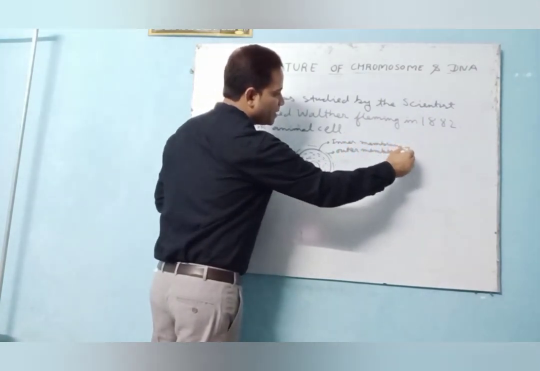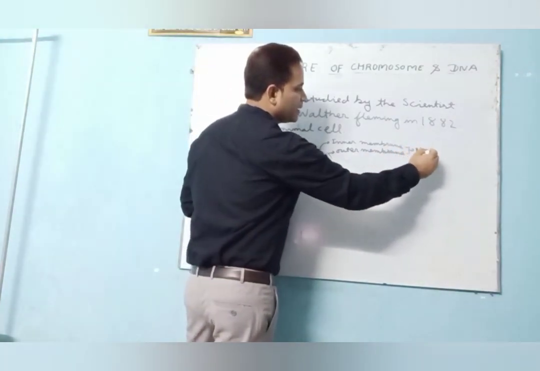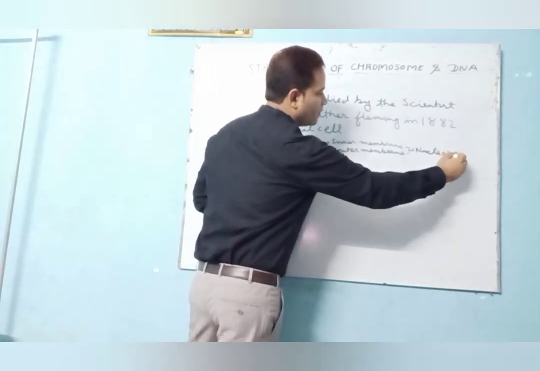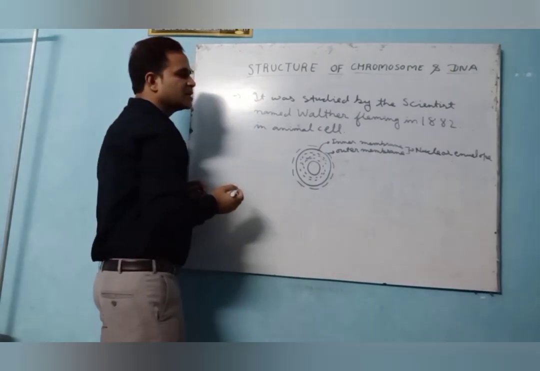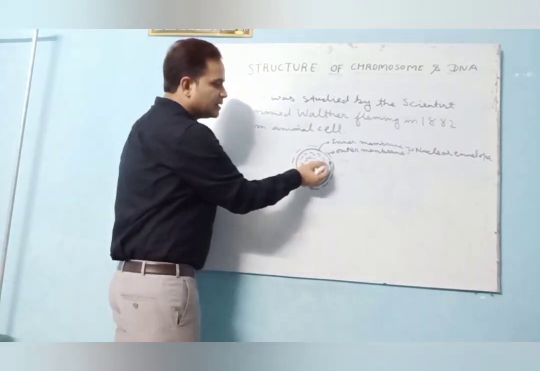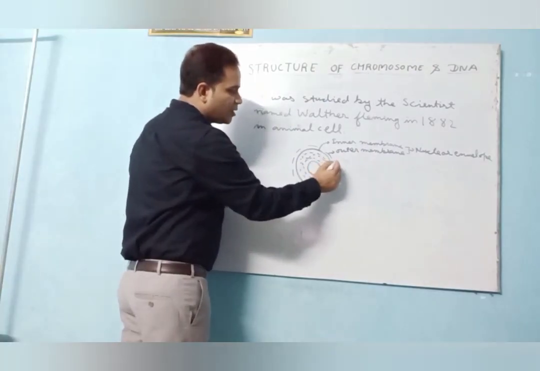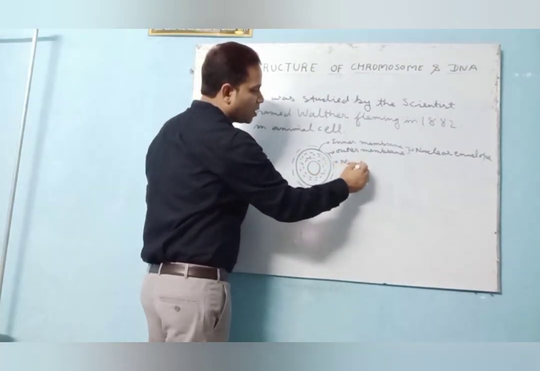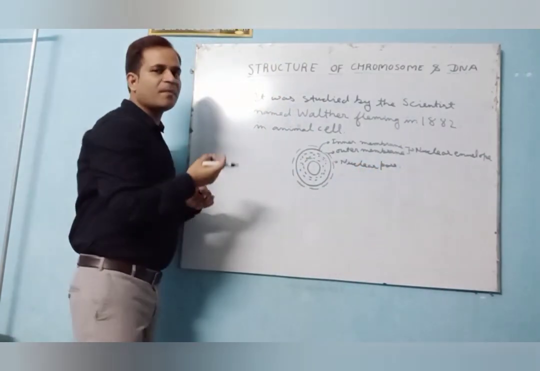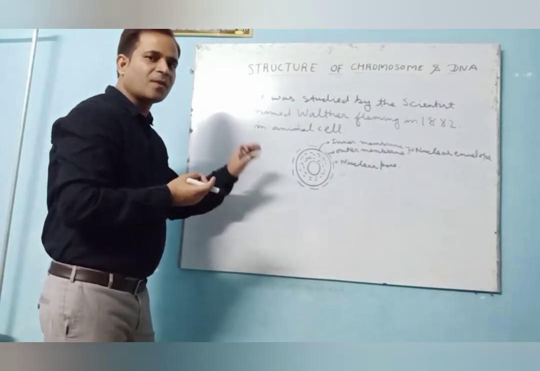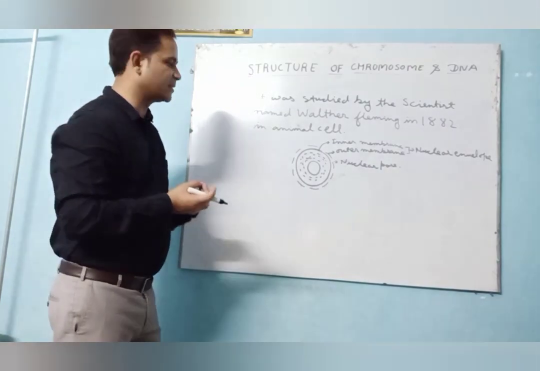These two membranes are termed the nuclear envelope, or you can also say nuclear membrane, which is double layered. The gap in the membrane is called the nuclear pore, so that exchange of material can take place from the cytoplasmic region to the nucleoplasm and from the nucleoplasm to the cytoplasm.